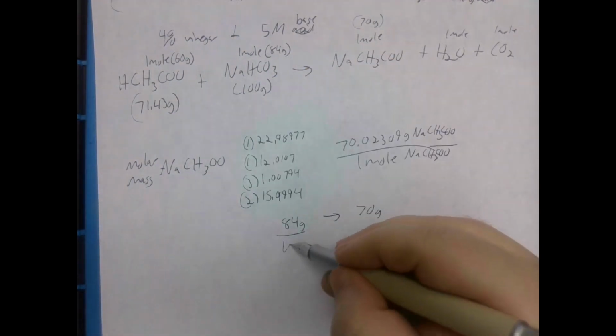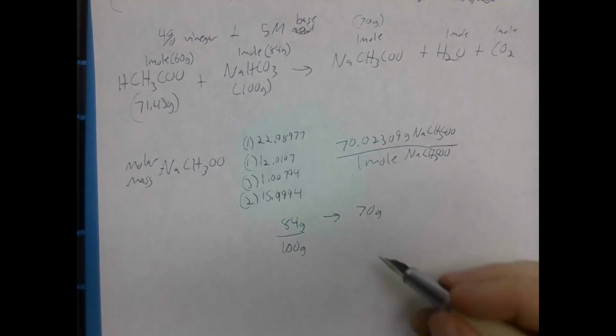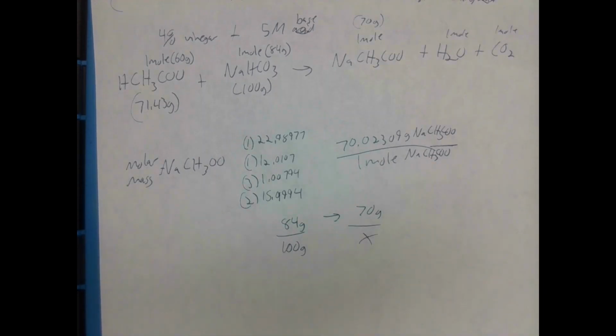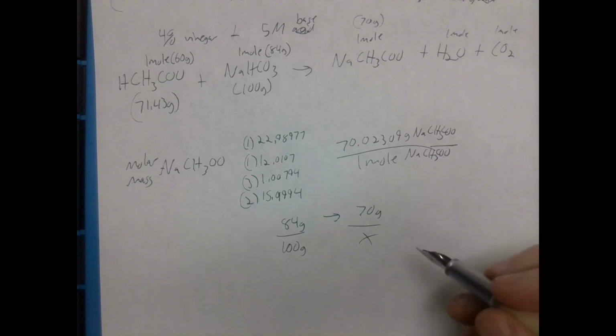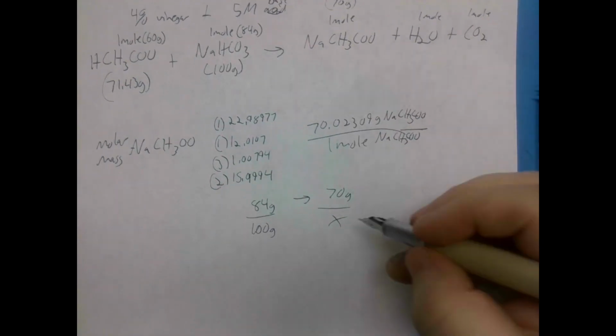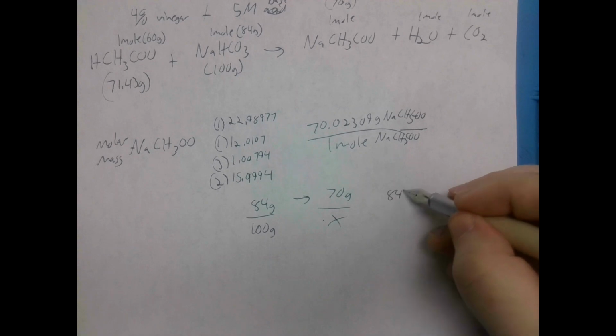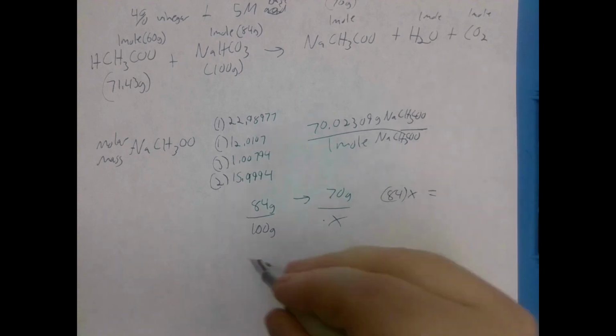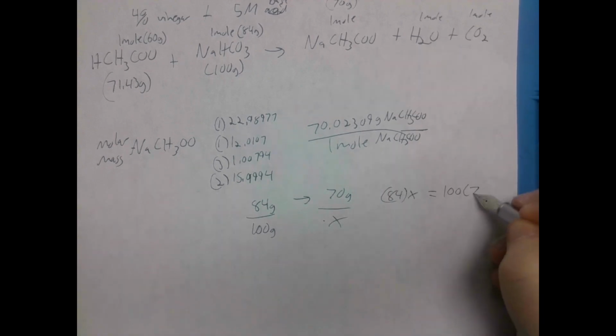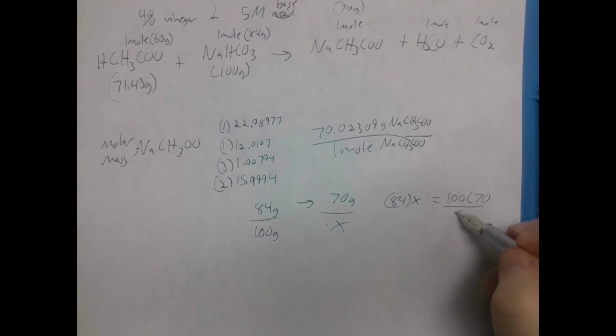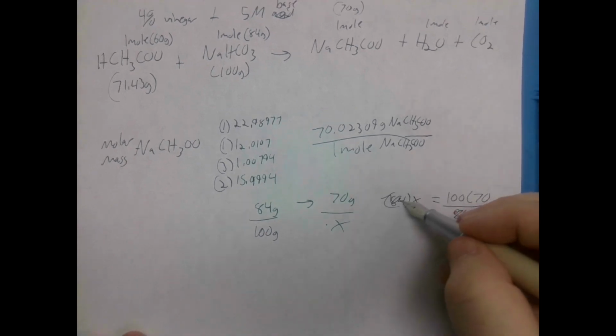And if we're going to use 100 grams of baking soda, what would be the amount of sodium acetate we get? And again, it's just cross multiply. 84 times x equal to 100 times 70. 84 is being multiplied on that side, so I divide on the other.